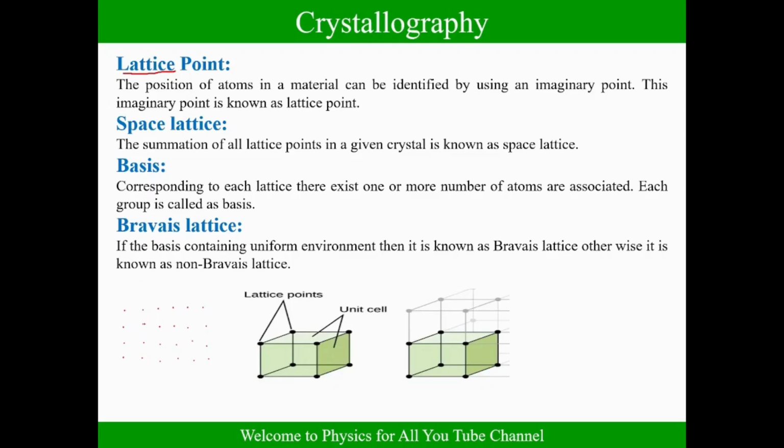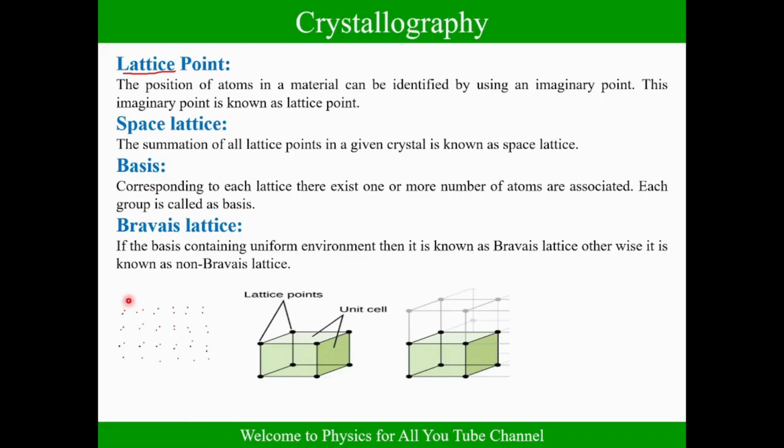Now in this two-dimensional example, corresponding to each lattice point, one atom is associated. To understand this, I am changing the color of the atoms. Blue color indicates atomic locations and all the red color indicates lattice points. To identify the location of atoms in this given material, I am using a reference point, which is called a lattice point.